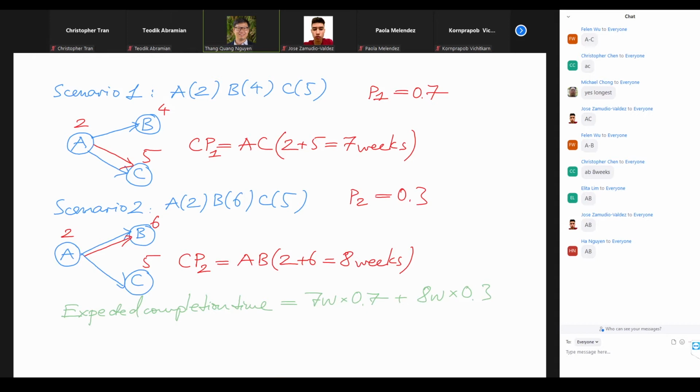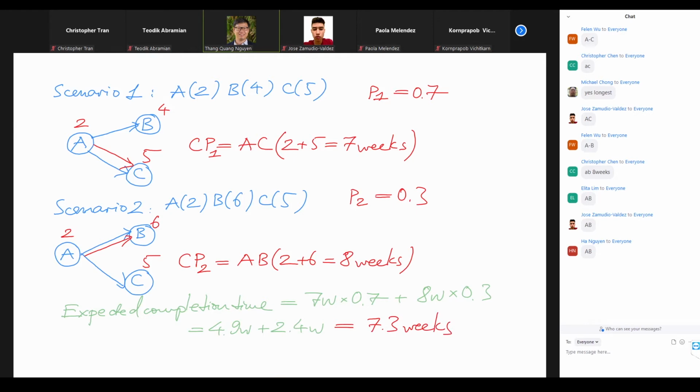So we calculate the average, where the average is somewhere in between. So next, right, the first term is 4.9 weeks. The second term is 2.4 weeks. So the final answer here is 7.3 weeks, right?